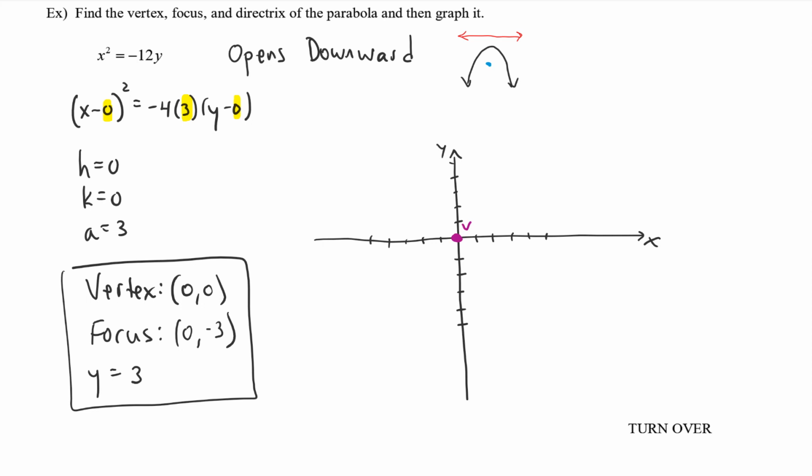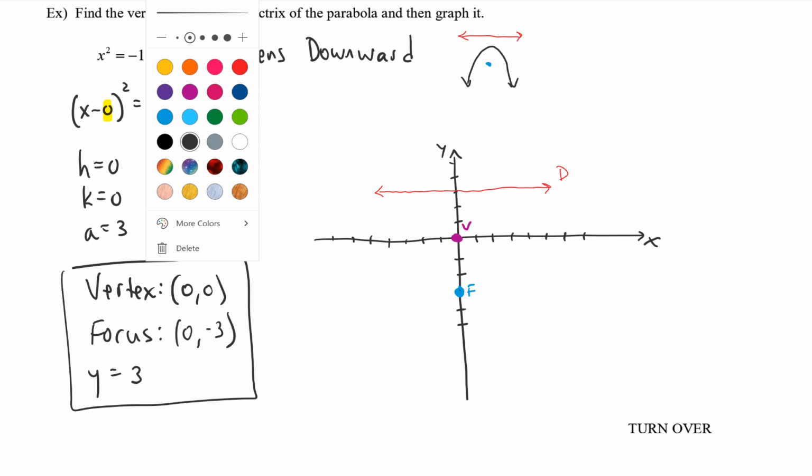You went down 3 units to get the focus. Then we go up 3 units to get the directrix. And then we use the latus rectum to get the rest of the parabola. So if I double my A value, I get 6.